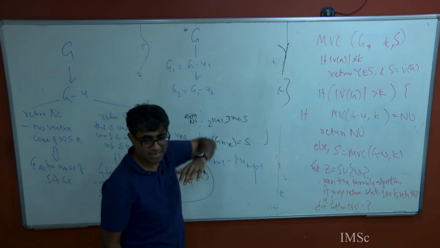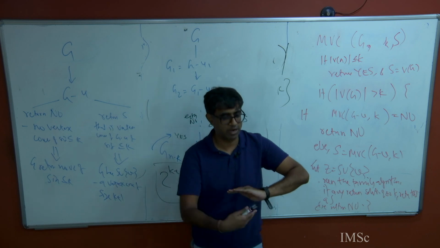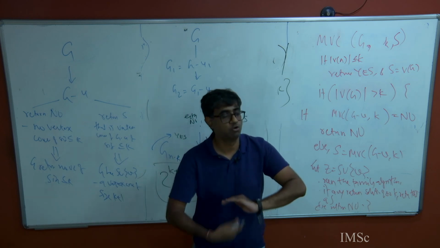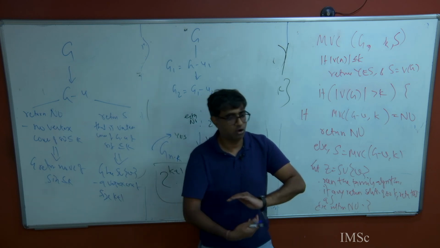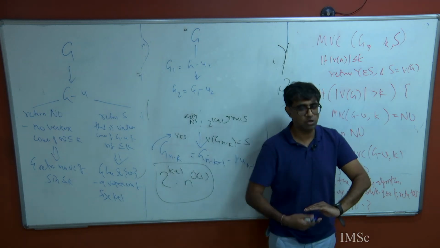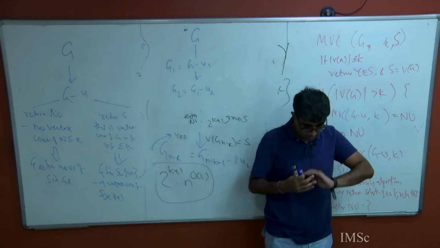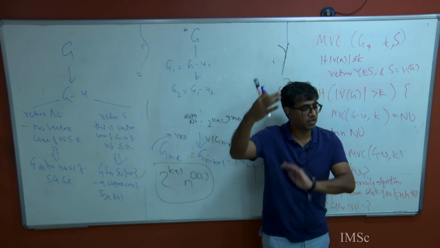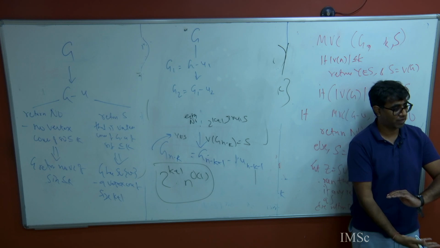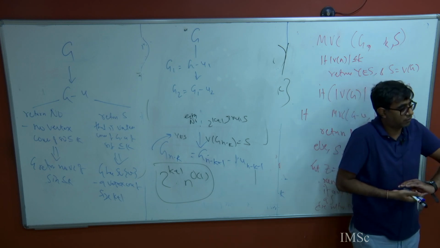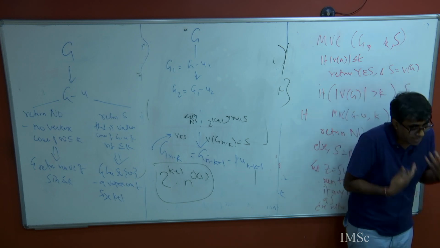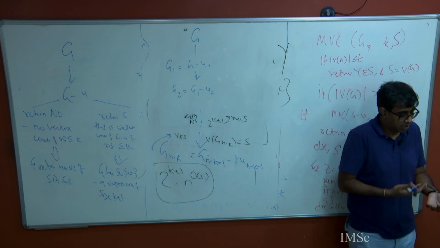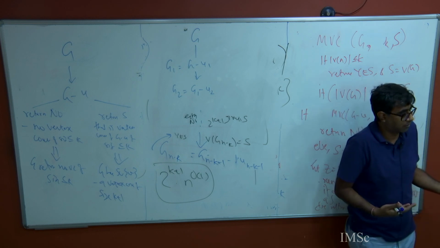So at any stage, inductively you are saying for the smaller graph, I have a correct output of my algorithm, either no or a solution of size k. If it is no, then I can correctly say that because the induced subgraph has no, the whole thing has no. If it has a solution of size k, I get a solution of size k plus 1 and I try to take help of this k plus 1 size solution to see if there is a solution of size k or not.